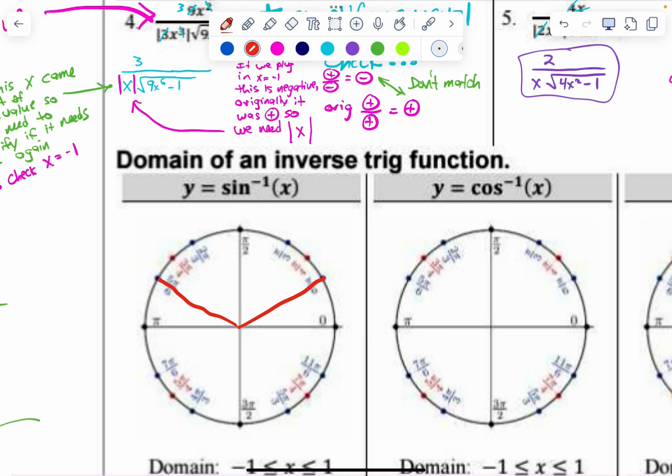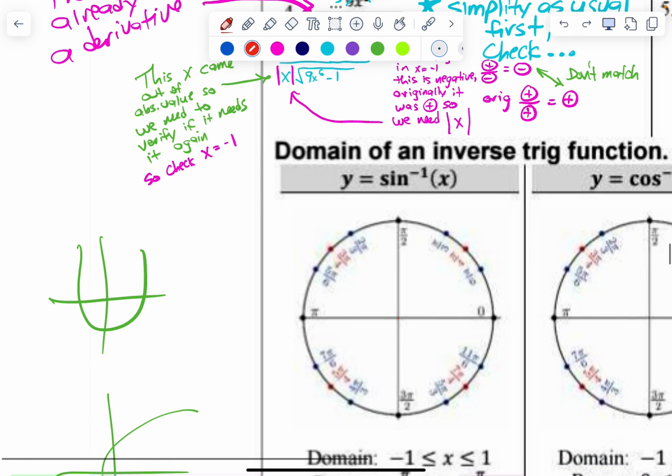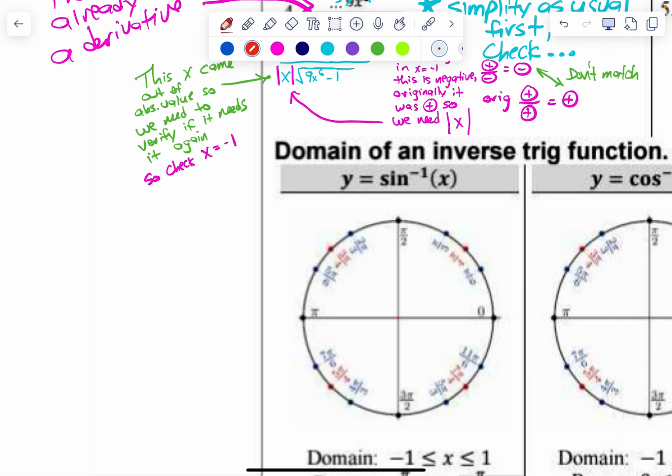Both of those have an input of 1/2. In this case, our input is up here, right? We're doing inverse, and now we have 2 angle values for that. So anyway, we have to restrict our domain so that it actually stays a function.